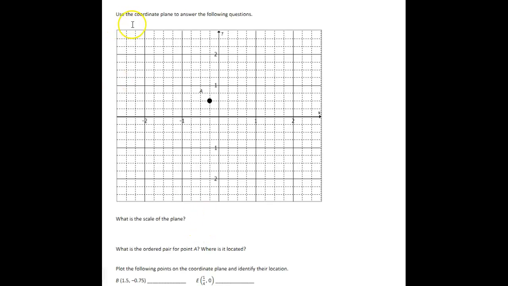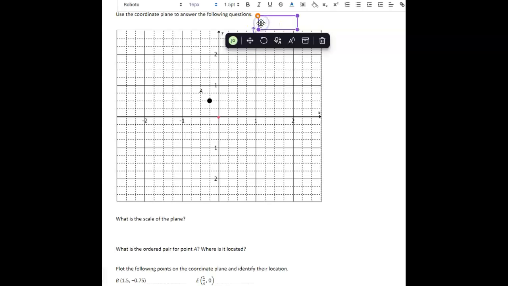And it says, use the coordinate plane to answer the following questions. Here is our coordinate plane. Let's give a quick little review of some of our locations. This red dot is your origin. We're going to have quadrant 1 right here on the right side.